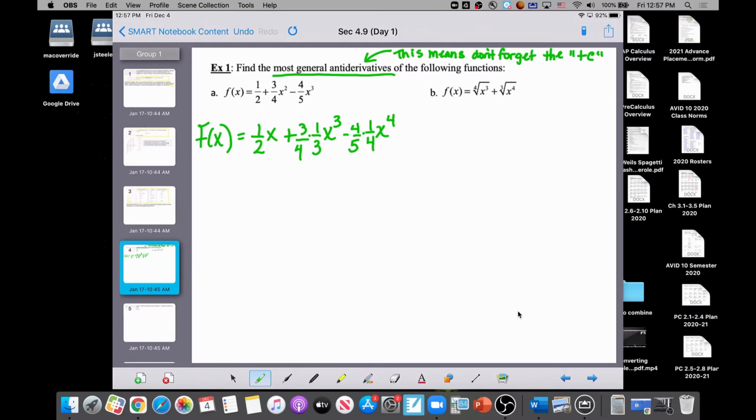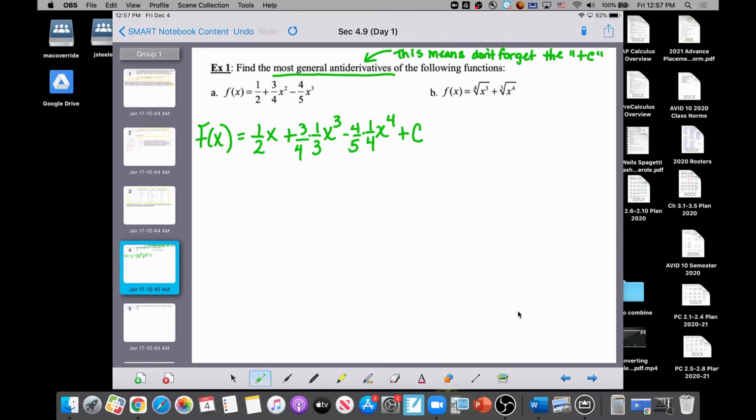So again, let's check it. If I were to differentiate the term that I just created, I would bring the 4 down. The 4 and the 1/4 would cancel out or become a 1, times the -4/5 would be -4/5 x, and then it would be cubed, which is exactly what I started with. And then of course I need my plus C, because perhaps there was a constant term that I took the derivative of that went to 0.